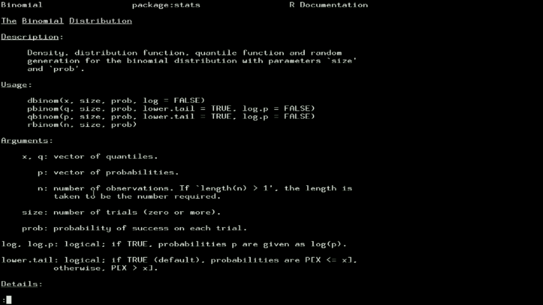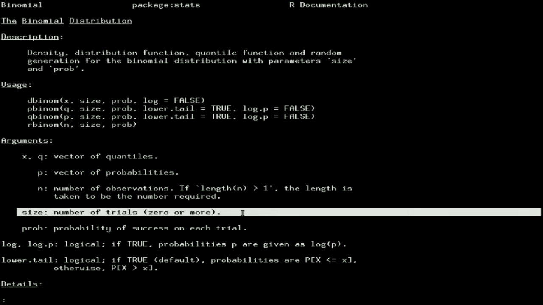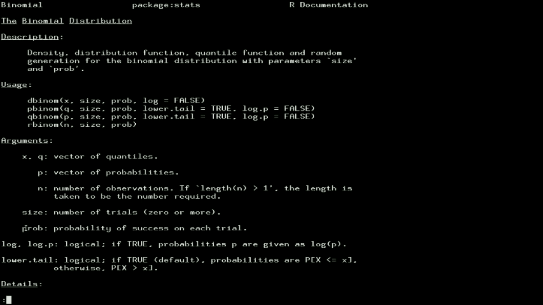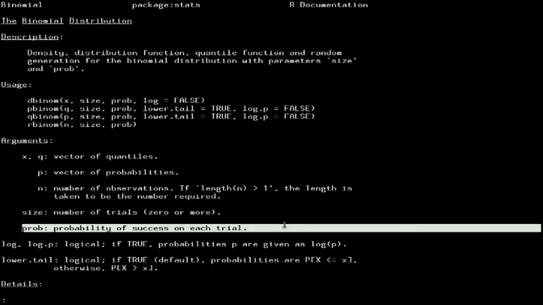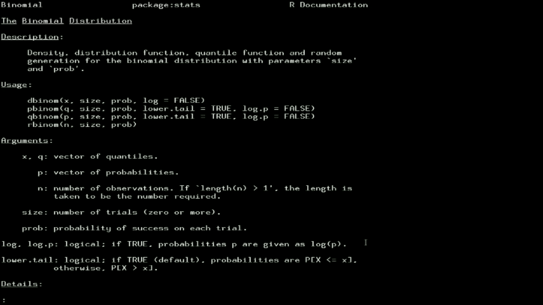If we take a look at our parameters, size is the number of trials that we want, that's our n parameter for our binomial family. And then prob is the probability of success on a single trial, so that's our parameter p.